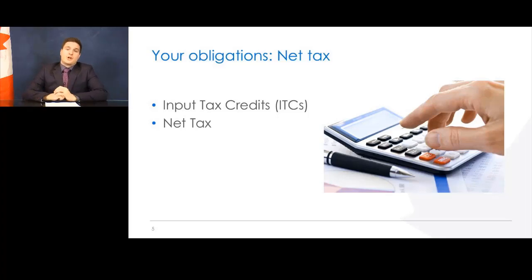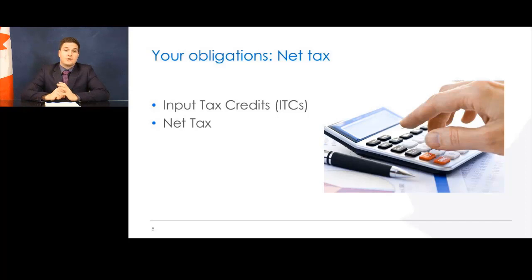For more information on what ITCs your business could be eligible for, take a look at Guide RC 4022 found on canada.ca/CRA-forms-publications. The difference between the GST HST you collect and the ITCs you claim is the net tax.